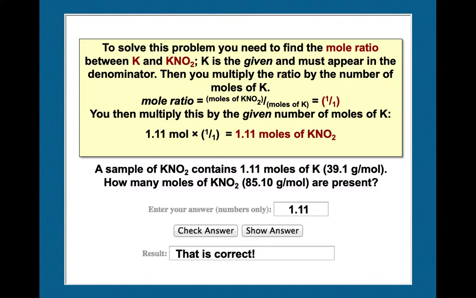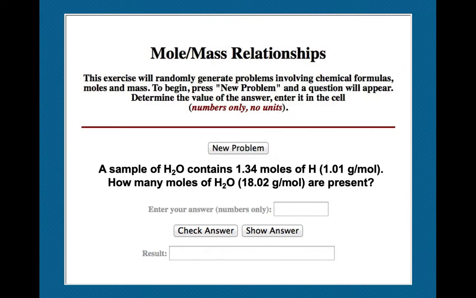Let's do one more, and again, we're going to come back to this later for some more complicated ones. Water, H2O. We have 1.34 moles of hydrogen. How many moles of water is that?